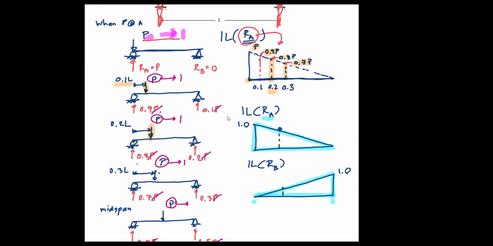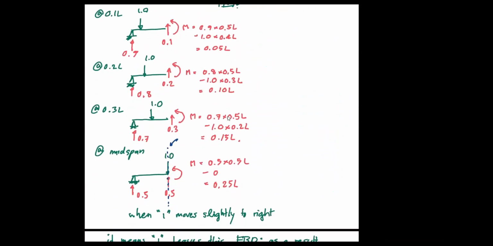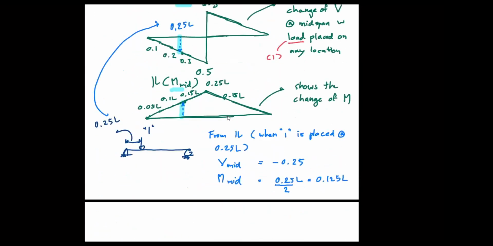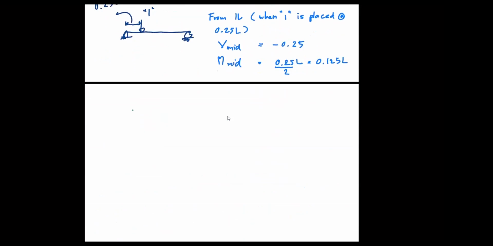All right, so when I look at this structure and I want to have the influence line of the reaction at A, I would allow the reaction at A to move freely without restraint. So what's going to happen? If this is my beam, I have to draw it with some thickness, okay?